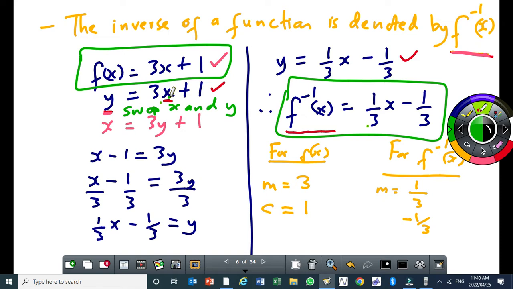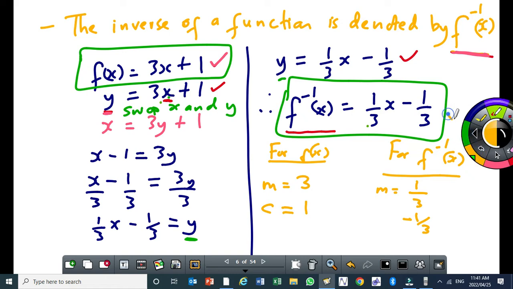Then we replace this y here by the function notation. Okay, so the equation will become y equal to a third x minus a third, and then we replace this y here by f of minus 1 of x, so that we'll get our equation of the inverse.